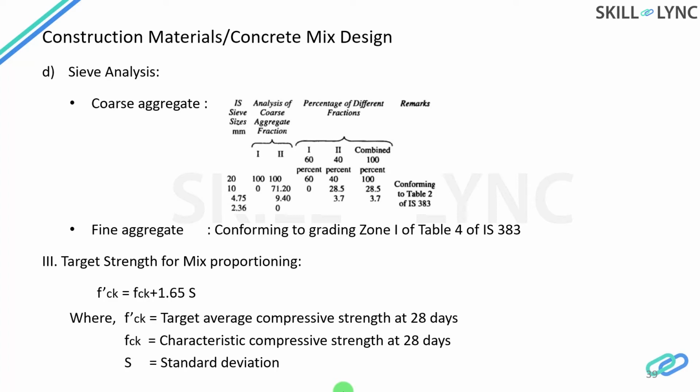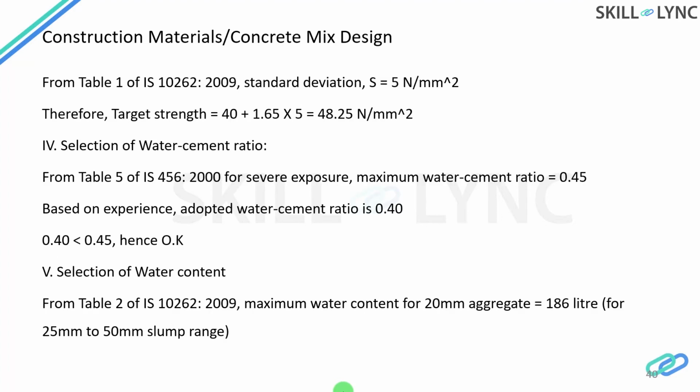So first we have to calculate the target strength for mix proportioning by using the formula f'ck is equal to fck plus 1.65 S, where f'ck is the target average compressive strength at 28 days, fck is the characteristic compressive strength at 28 days, and S is the standard deviation.